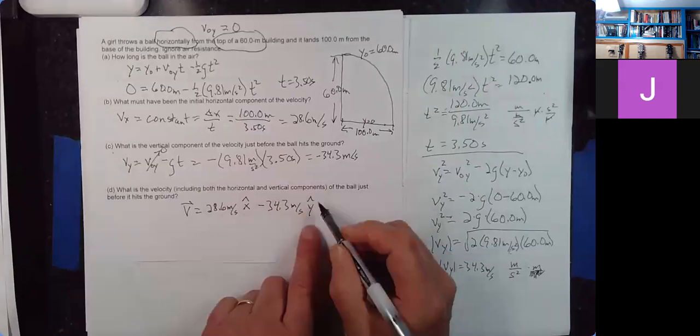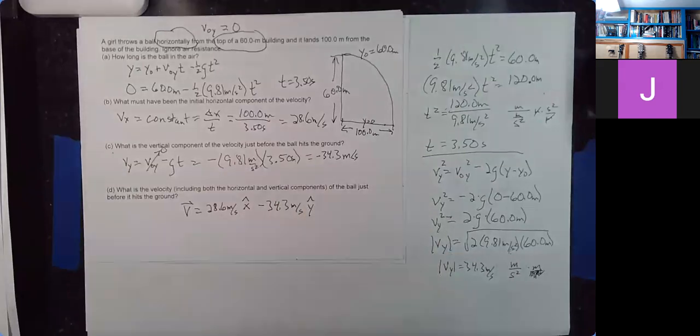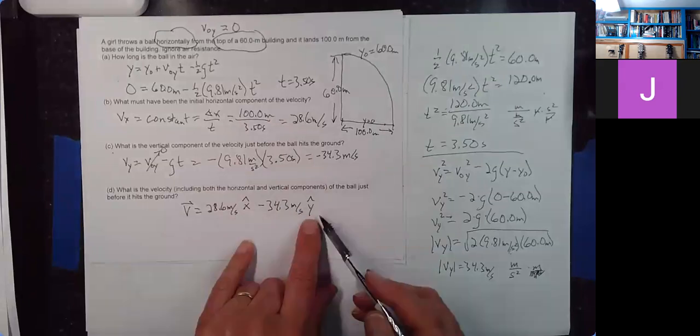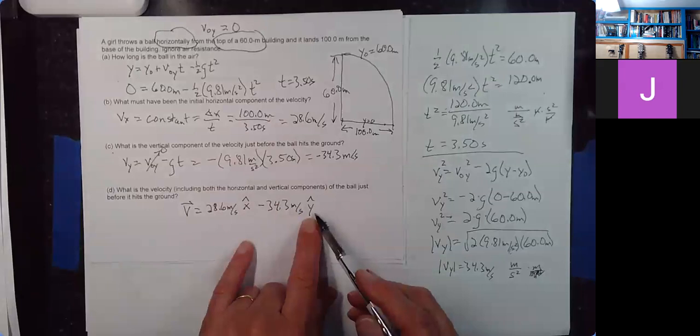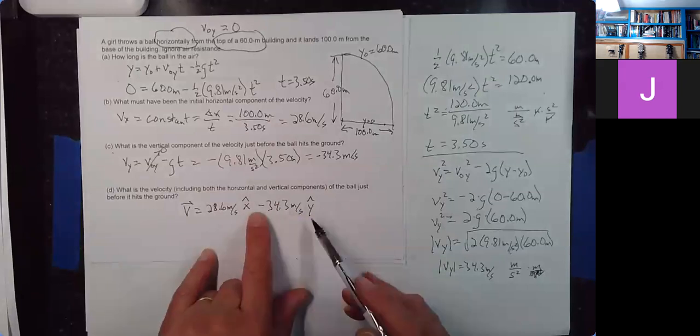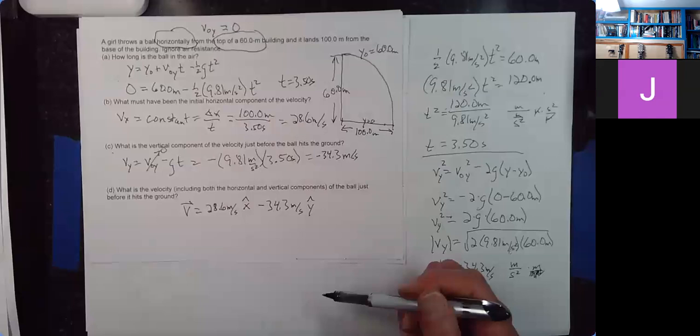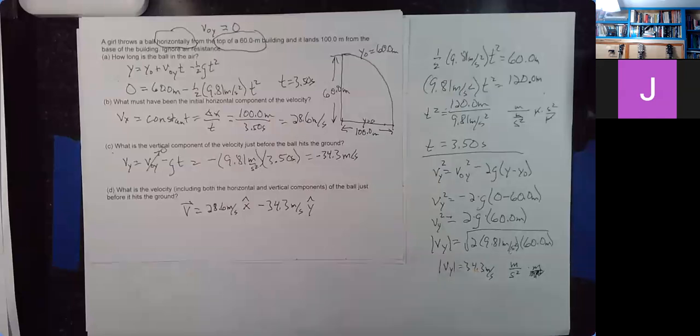And these hats represent vectors that just have a magnitude of 1. The only property of this vector is it points in the positive x direction. The only property of this vector is it points in the positive y direction, but multiplying it by a minus sign reverses the direction. So those are the horizontal and vertical components of the ball just before it hits the ground.